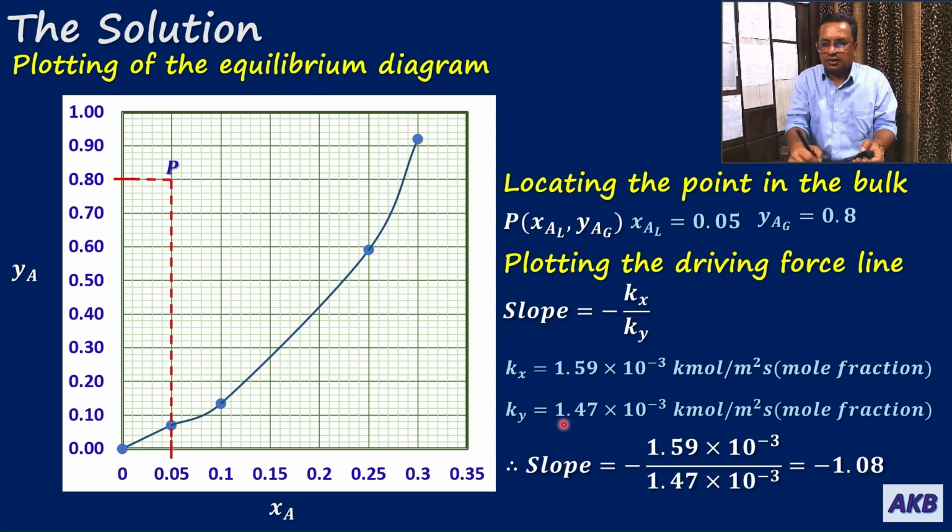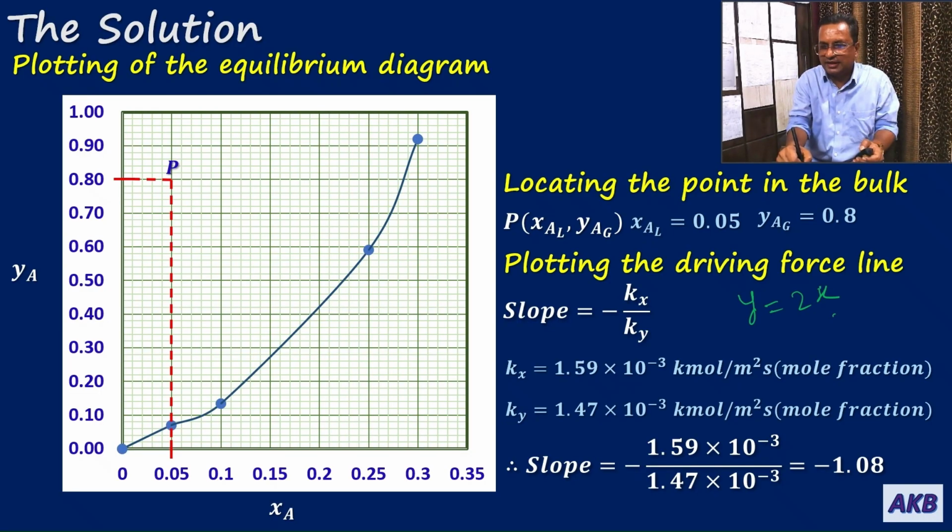Now we need to understand this thing. Let us learn how to plot the driving force line. See, if you try to find the relation between the scale on the x-axis and the scale on the y-axis, you will come to know that the scale on the y-axis is 2 times the scale on the x-axis.